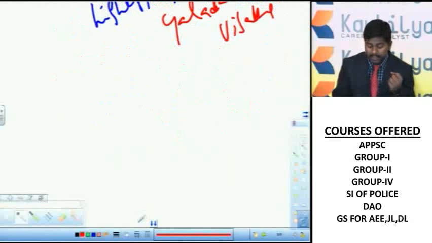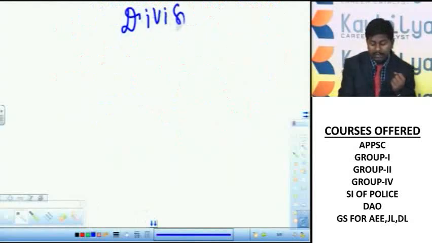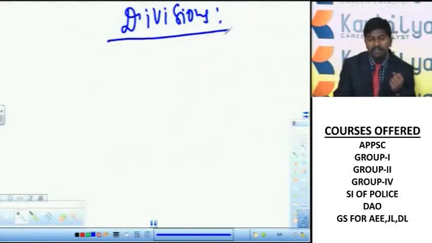Then these Eastern Ghats of Andhra Pradesh can be divided into different parts, and are called by different names in different districts.